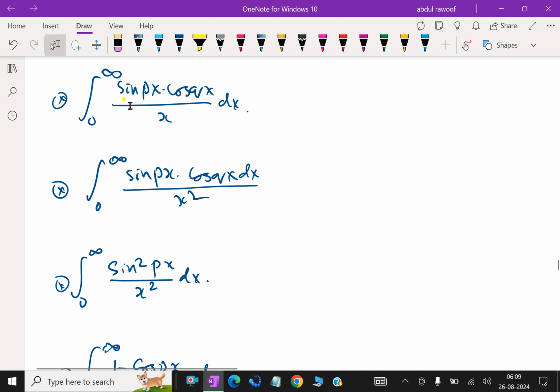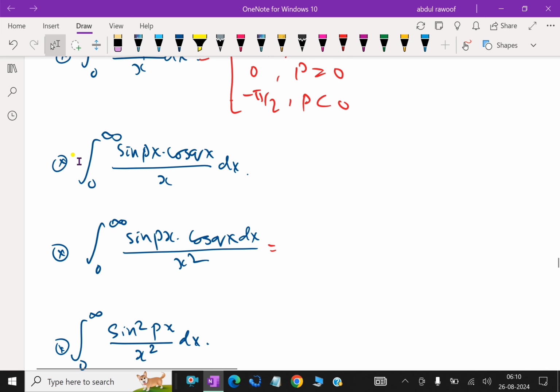Next one, the integral from 0 to infinity of sin px cos qx over x dx, which has three results. Look here. It is 0 if p is greater than q greater than 0.